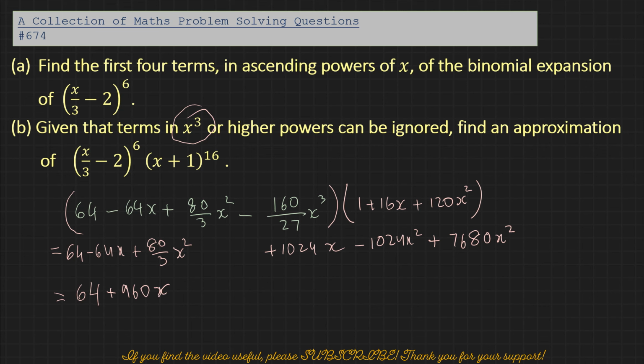Then the x² terms: 80/3, then I have to subtract 1024 and add 7680, and that gives me plus 20048/3 x².